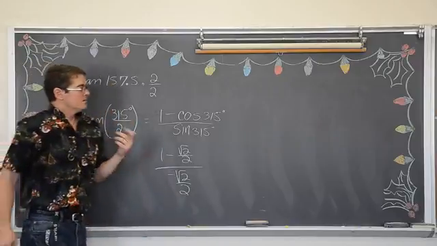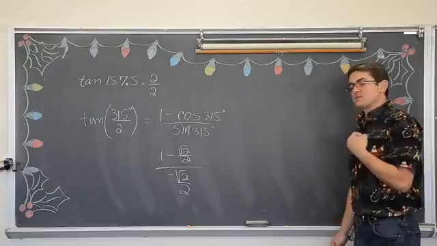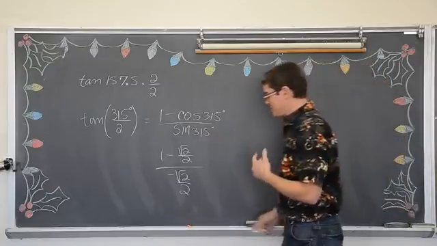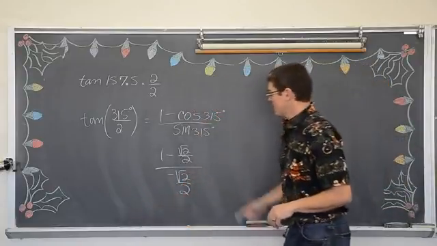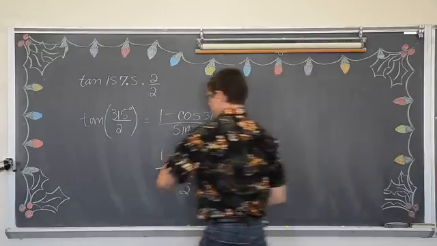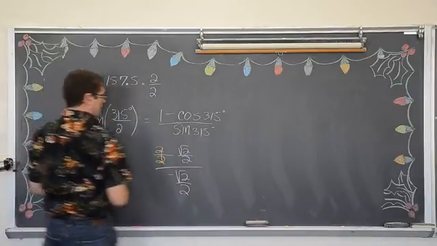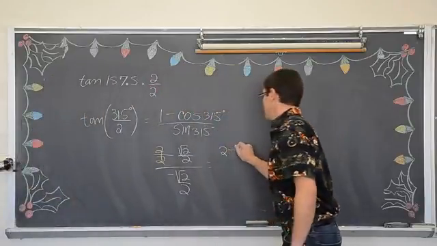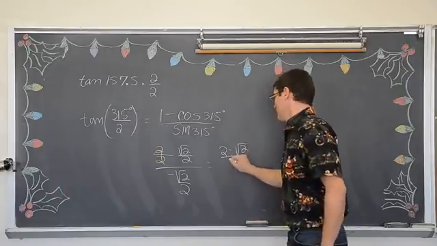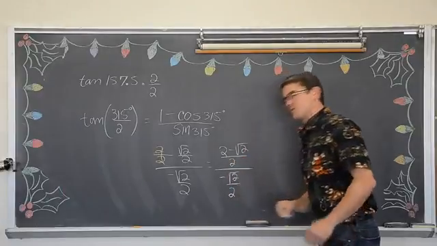I'm not going to be too concerned about rationalizing the denominator as a final answer, or at least on my students' test, because we have limited time and I want to do a lot of concepts at once. But I do want these questions cleaned up more than this. So let's find a common denominator. The 1 is going to become 2 over 2, and we get 2 minus the square root of 2 over 2 over negative square root of 2 over 2.